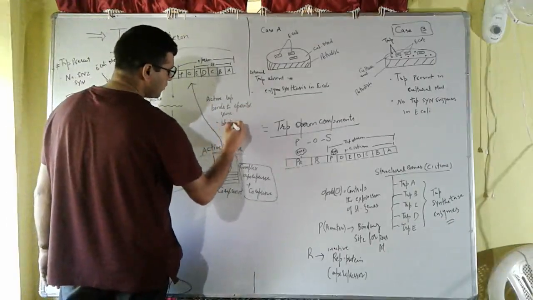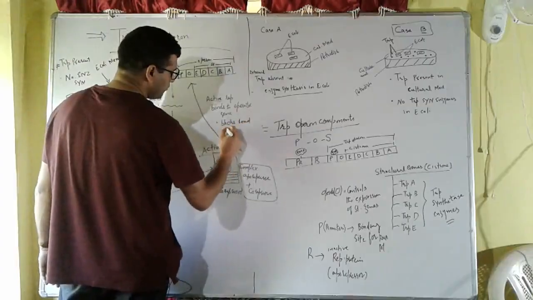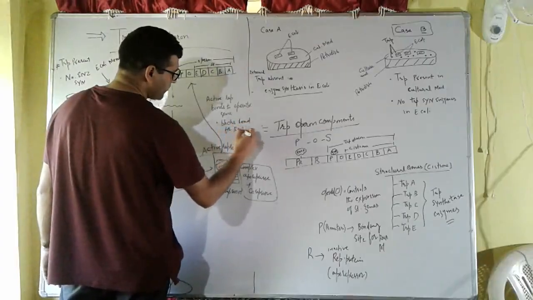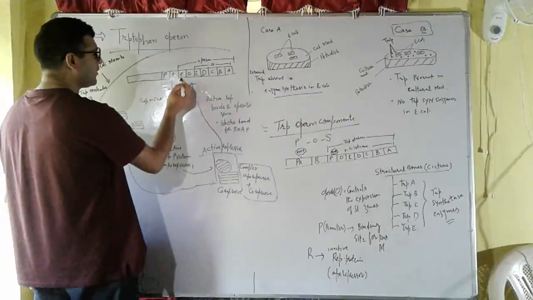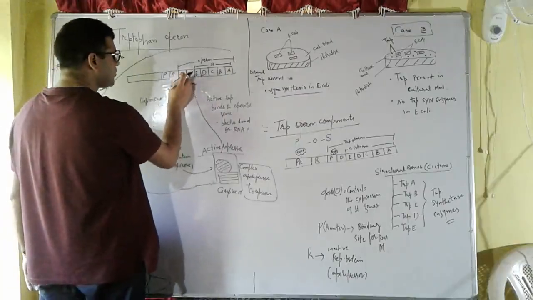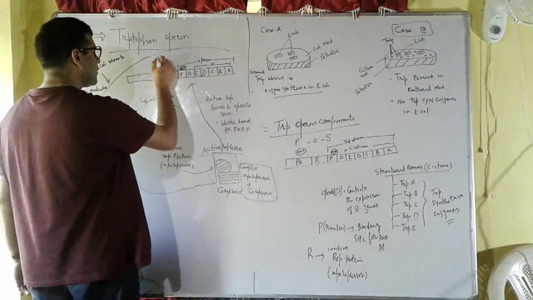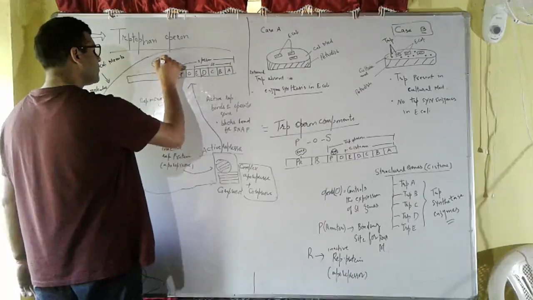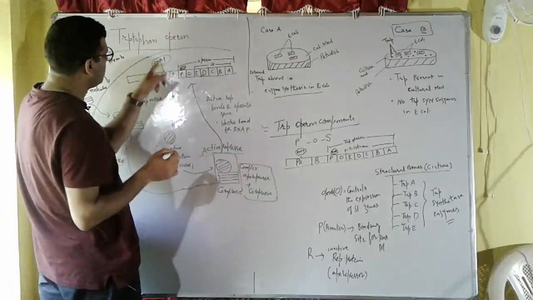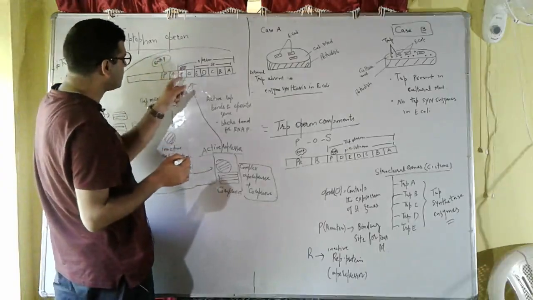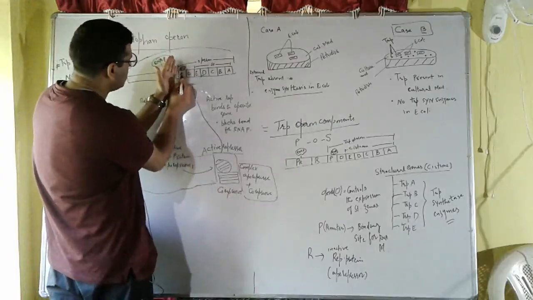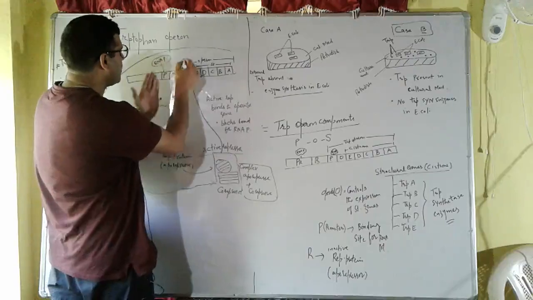This is the promoter where RNA polymerase is present. This is the RNA polymerase. It blocks the road for this RNA polymerase.